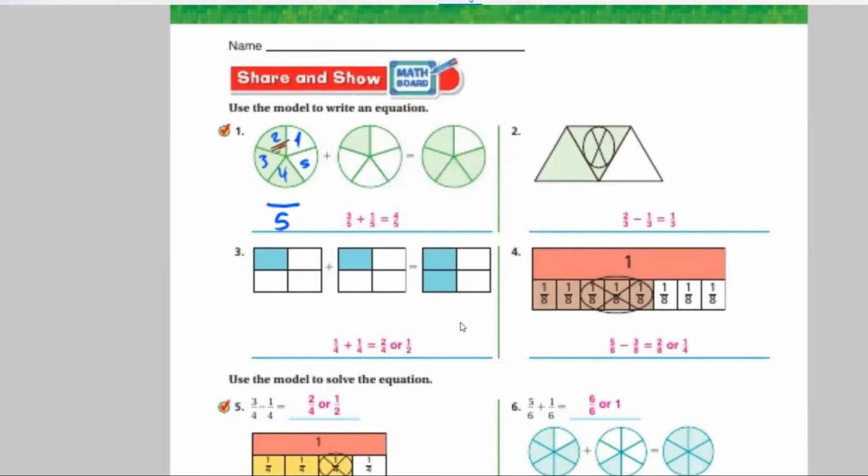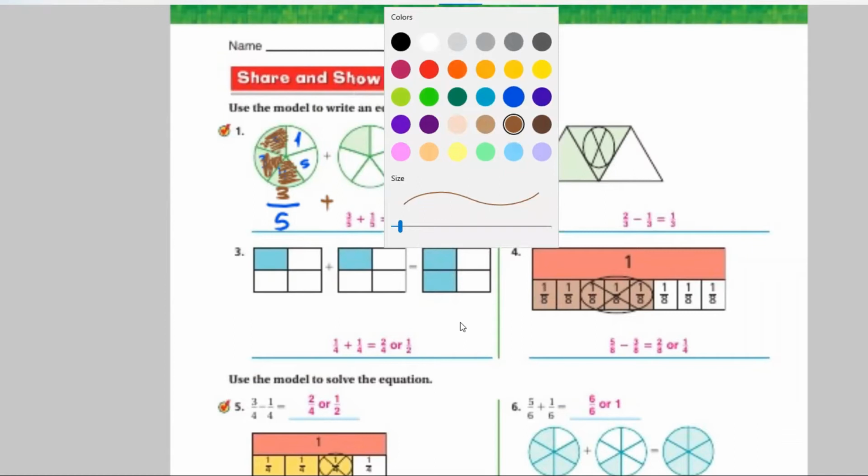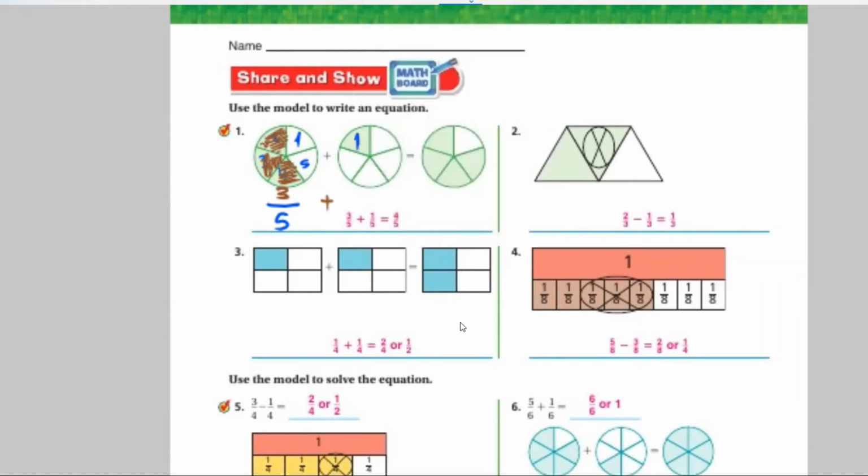We have 1, 2, 3 shaded boards, right? So it will be 3. That's the first one, plus. The next one, we have the same number of boards, 1, 2, 3, 4, 5. So write 5 here. And how many shaded boards? We have only one shaded board.